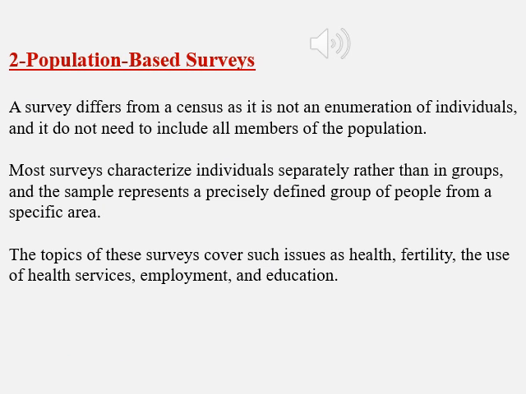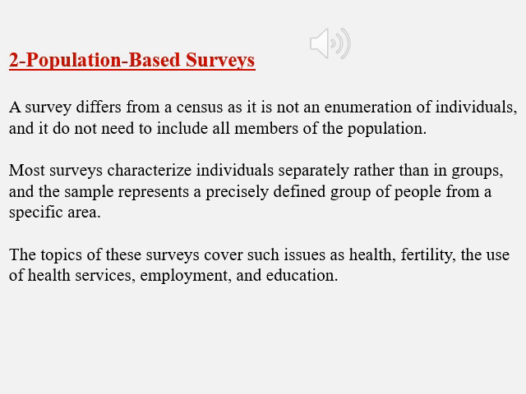Population-based survey differs from a census. It is not an enumeration of all individuals and doesn't include all the members of population. Survey study is defined as a field study carried out for investigation of a certain disease or health problem, and usually includes a confined group or closed community such as a school, a factory, a hospital, or a certain village.